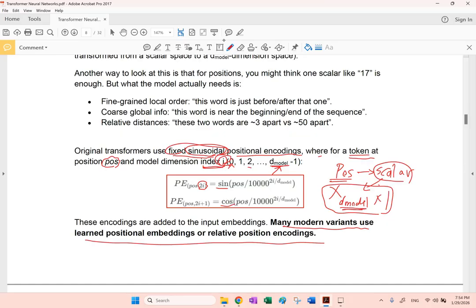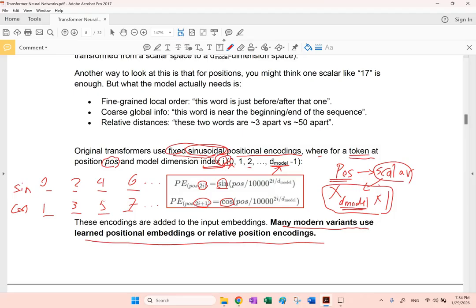And for the odd indices in that space, we use a cosine function. So for 0, 2, 4, 6, these are all going to be sines, and for 1, 3, 5, 7, we use cosine.